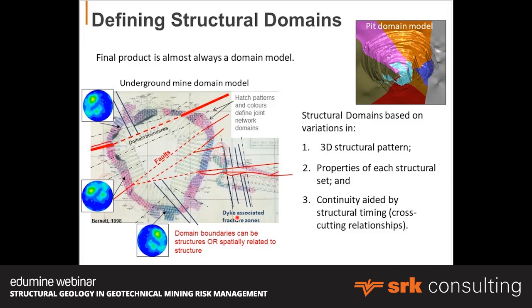Okay, and those domains would be defined based on your 3D structural pattern, the properties of those structures, and the continuity. Okay, they may be related to the structures, or perhaps those structures are the domain boundaries. It's important to try and understand that.